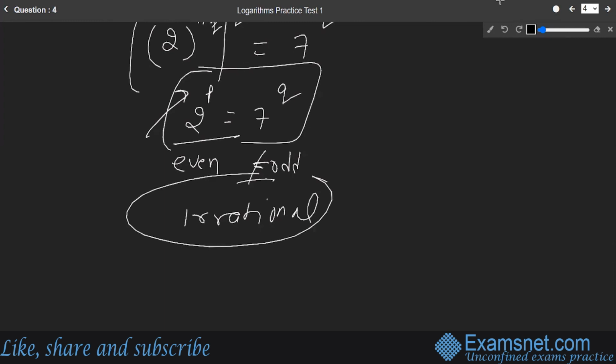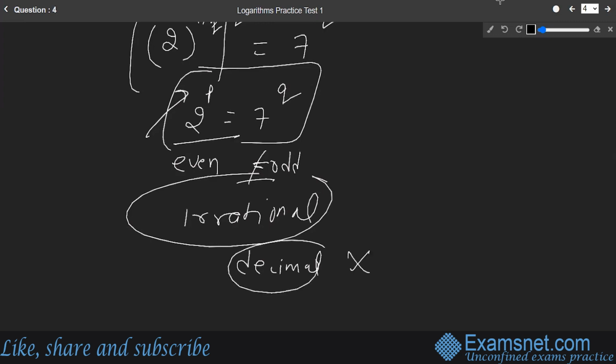Now let us explore the other part, whether the number is an integer or not. This number cannot be an integer, because log base 2 of 7 is never an integer. It has to fall in some decimal number that cannot be broken down, and decimal numbers are never integers.